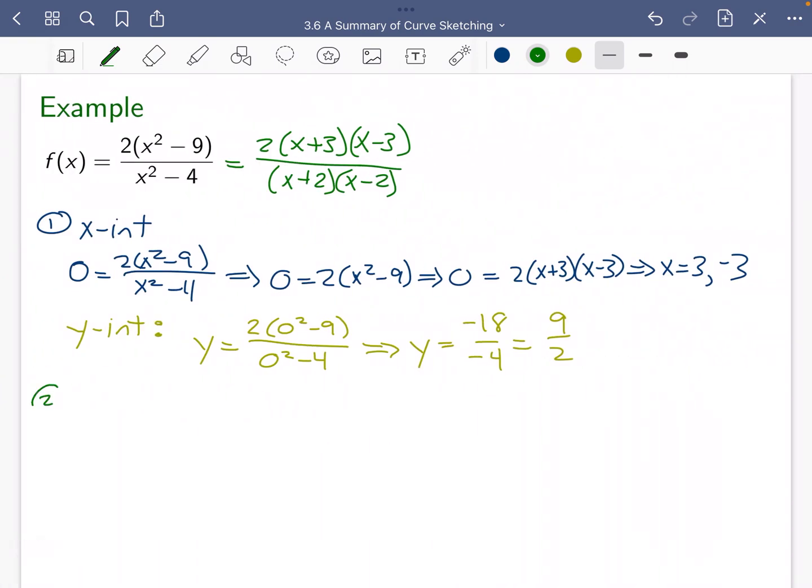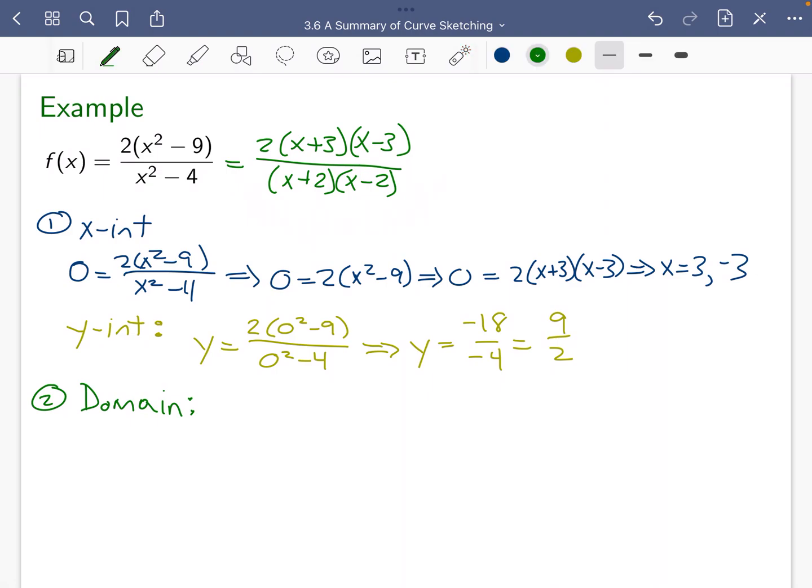So our domain, typically when I'm thinking about domain, I ask myself the question, are there any values of x that would cause problems that don't allow us to evaluate the function? And we're going to have issues if we divide by 0. So any values that make that denominator 0, those are going to be bad news.